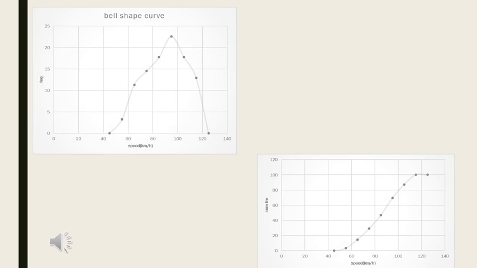Using the data from the table, we plot these two graphs. The graph on the left is percentage frequency versus speed, and it is a bell-shaped curve. And the graph on the right is cumulative percentage frequency versus speed.